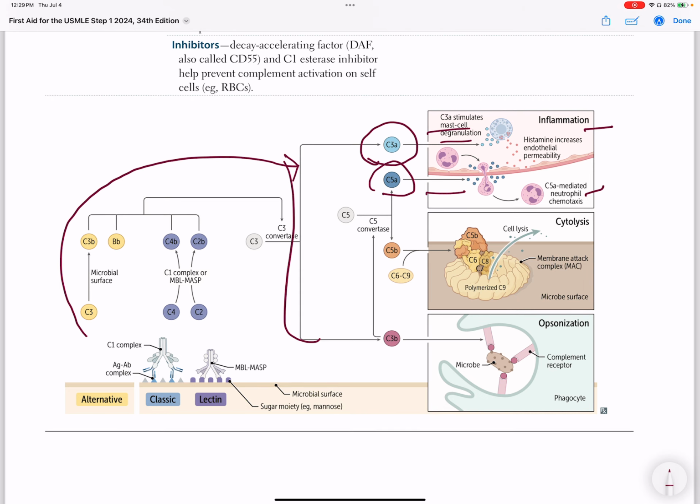Histamine increases endothelial permeability. Now coming to C5b and C6 to C9, they all work on cytolysis, forming the MAC, the membrane attack complex, which causes lysis. Then C3b goes into opsonization, through the complement receptor on the phagocyte.